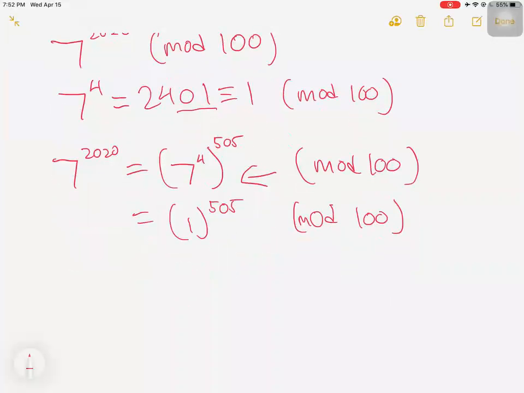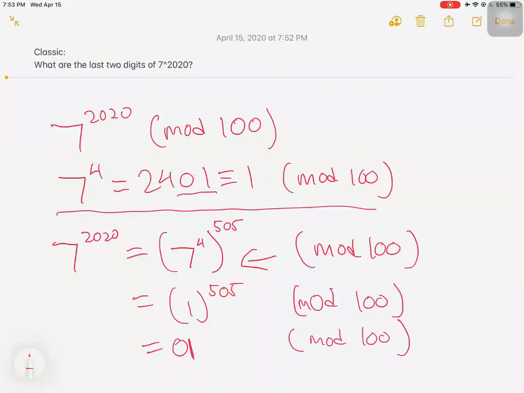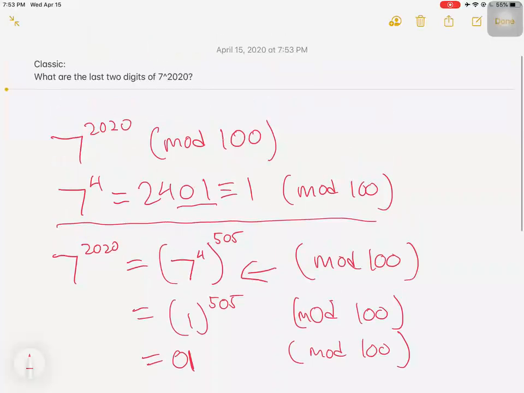And then this is simply just 1. Yeah, it is pretty simple once you notice this. So the last 2 digits are 0, 1.